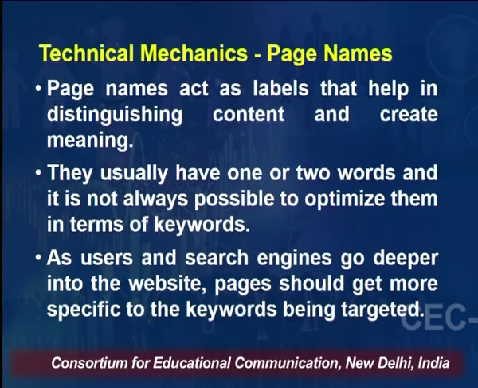And as users and search engines go deeper into the website, the pages should get more specific to the keywords being targeted. So they should be, in a way, aligned. So if I am searching for this, then it should take me to a specific page name, or this kind of keyword search should be closely aligned to a particular page name.